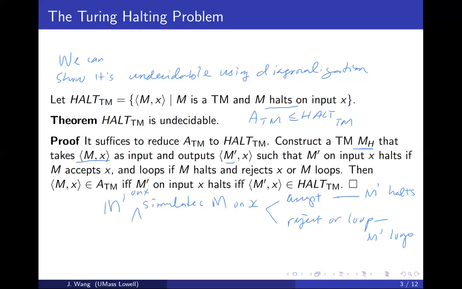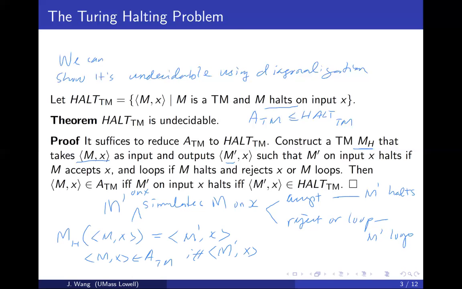Now we show why this Turing machine M sub H, which takes this input, think of it as an integer, and outputs another integer, M prime X, works. M prime X is in halt sub Tm if and only if M accepts X. If it accepts, it halts.